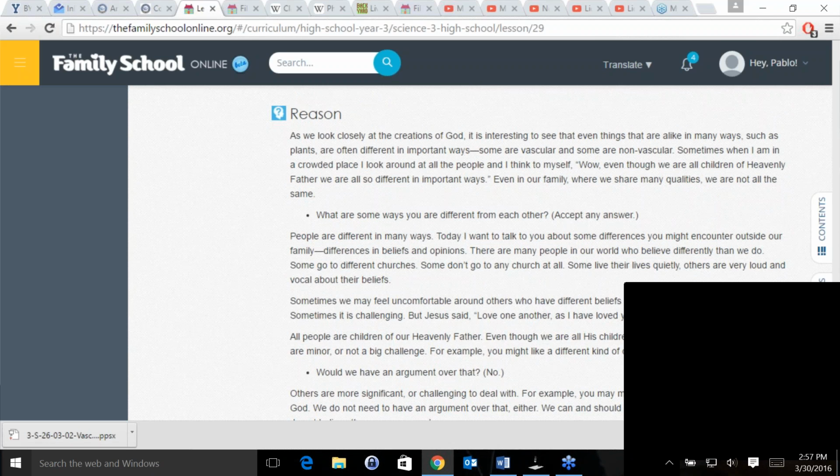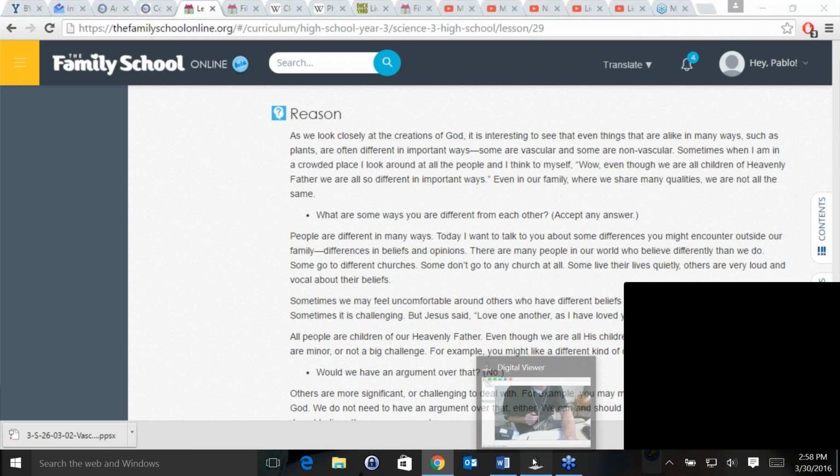We talk about the non-vascular plants, the bryophytes, and how different they are. And we also talk about the lichens that are extremely different from the rest. They are not plants at all. They are these symbiotic organisms between algae and fungi, and very, very different.